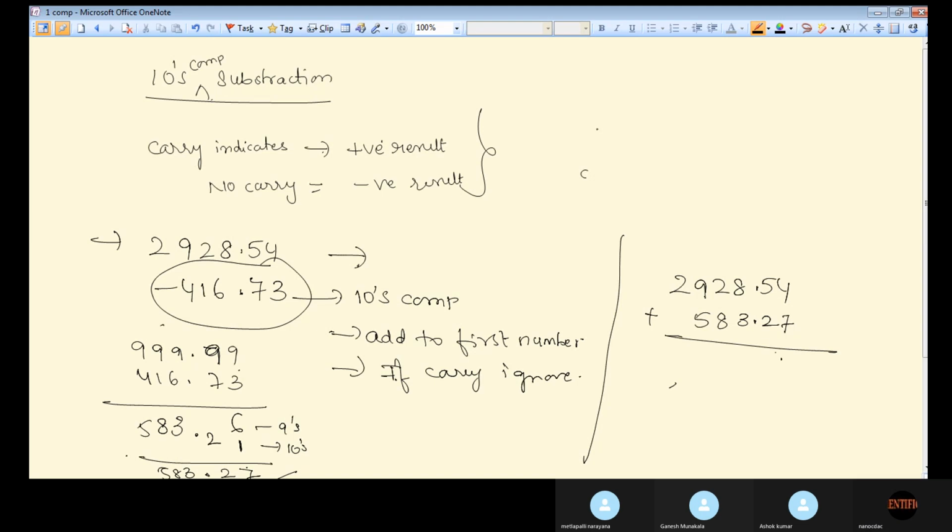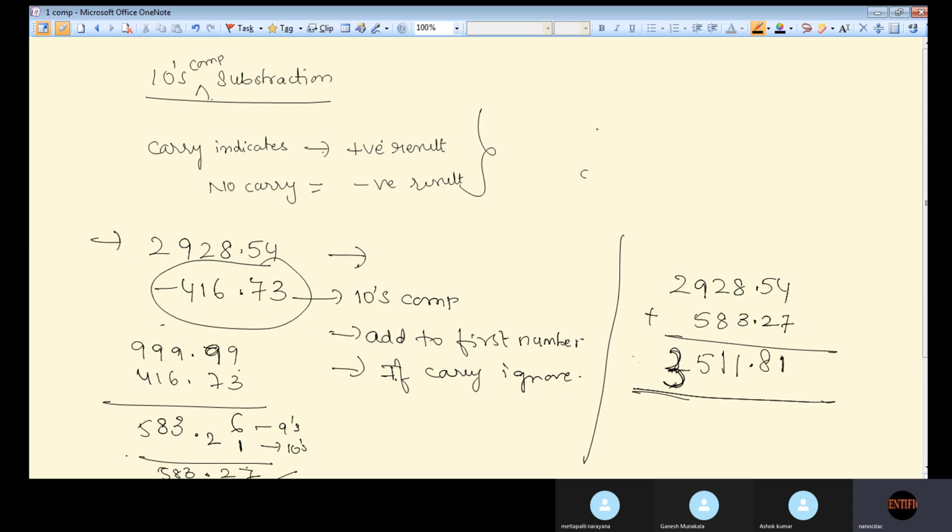You will get 3511.81. So this is the answer.